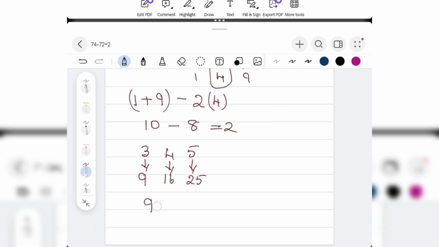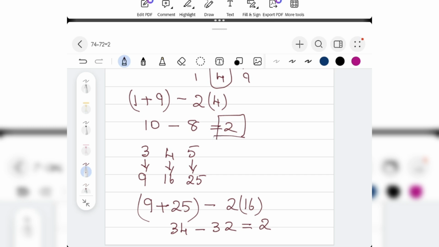We are going to say 9 plus 25 and then subtract twice the middle number's square. So we get 9 plus the 25 is 34 minus 2 into 16 is 32. Our answer is 2. Did you see? Here also the answer was 2 and here as well the answer is 2.